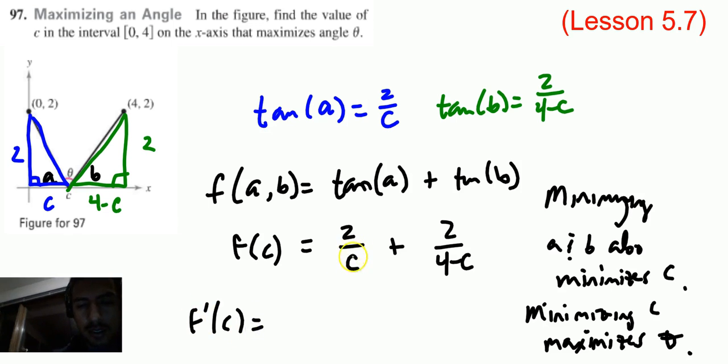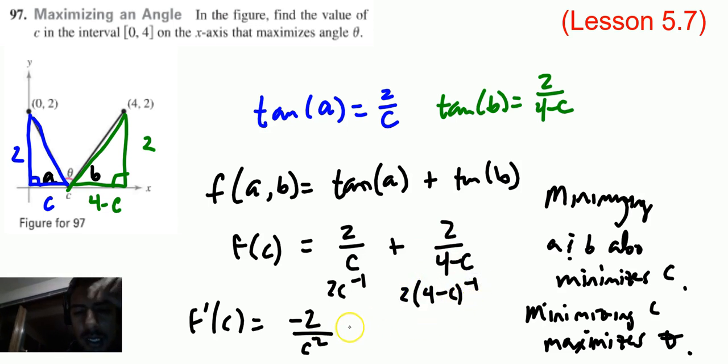we get, remember 2 over C is 2C to the negative first, negative 2 over C squared. And for this one, it's 2 times 4 minus C to the negative 1, so we need a chain rule. This is plus a negative 2 times 4 minus C to the negative 2 times the derivative of the inside, a negative 1.